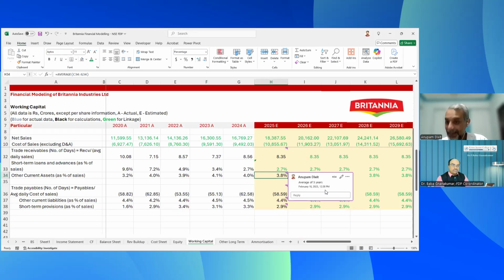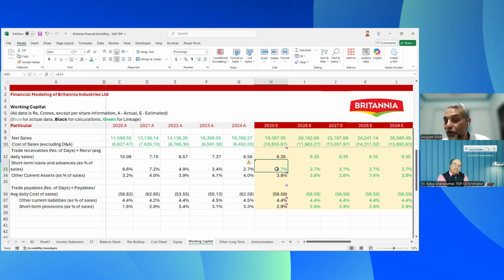Sometimes it is confusing even for the one who has created the sheet what logic I have used, the average or the last year's value. So if I mark it here, it shows what logic I am using. In this case, I have used the average.